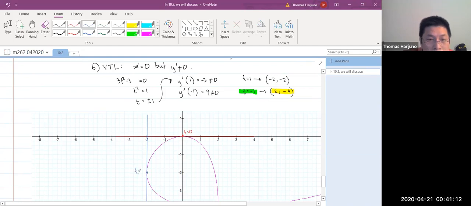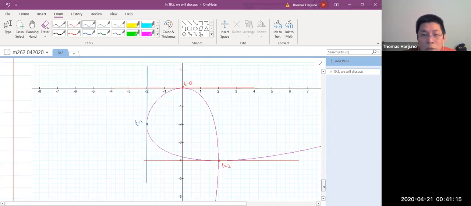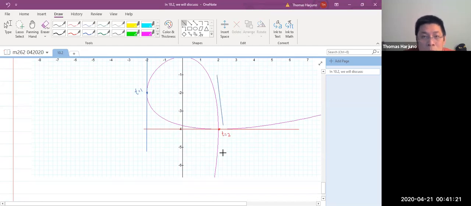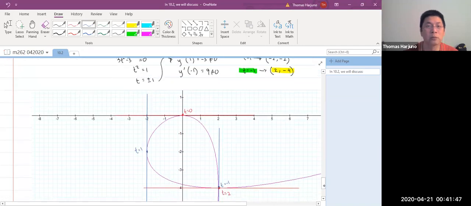This is when t equals 1, and then when t equals -1, it happens to be the same coordinate, but at a different time. And what is the direction of the graph, by the way? Well, we start from t equals -1, going to t equals 0, and then t equals 1. So it goes in this direction.